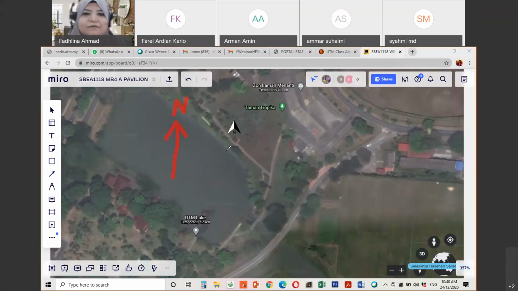So where is the west? Where is the east? The east is on the right and the west is on the left. So this one is the east. East. This is the west. And how about this one?